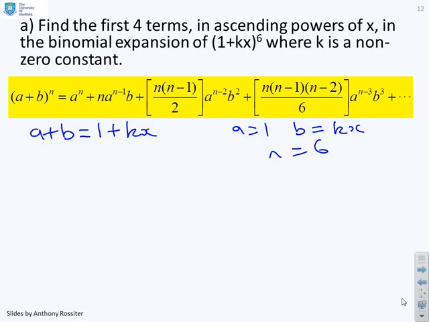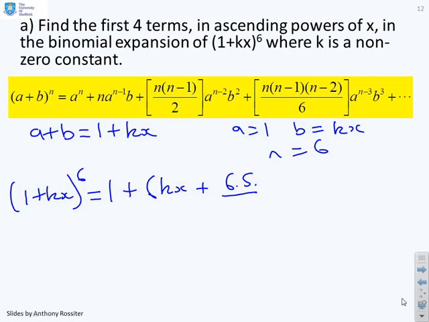If I substitute those numbers in, I'm going to get (1 + kx)^6 is going to be 1 + 6kx + (6 times 5 over 2)(kx)^2 + (6 times 5 times 4 over 6)(kx)^3.